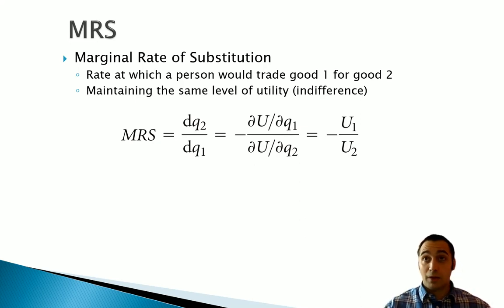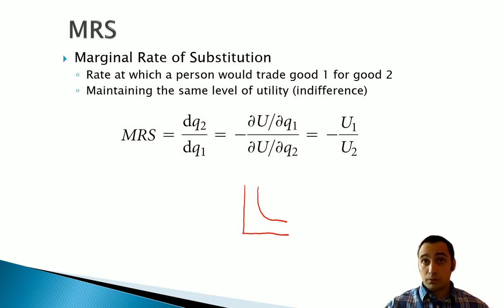That is your MRS. In order to find your MRS, assuming it's differentiable, all you're going to want to do is find the marginal utility with respect to Q1 and place that over your marginal utility with respect to Q2, and we'll make it negative because this is downward sloping.